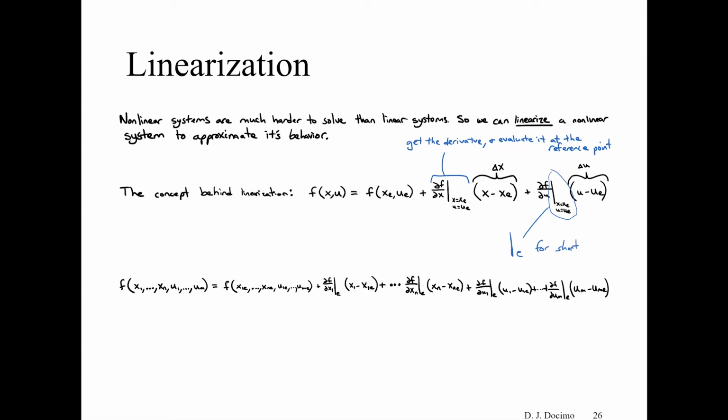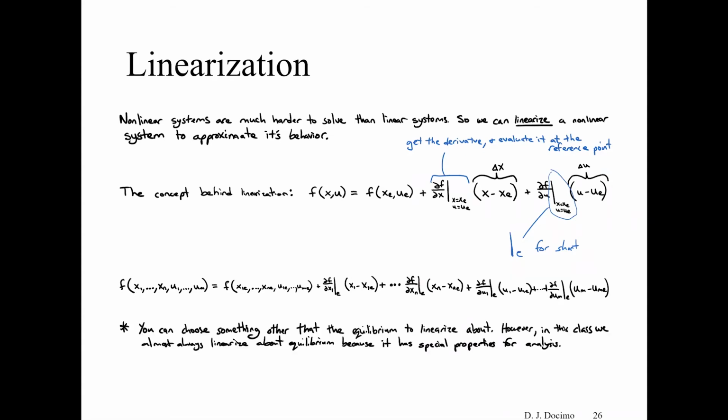States and inputs, you're doing the same exact thing. You can choose something other than equilibrium to linearize about. However, in this class, almost always we're going to linearize about equilibrium because it has special properties for analysis.